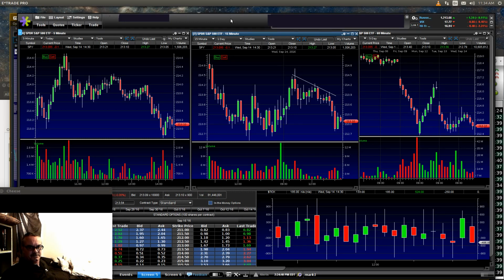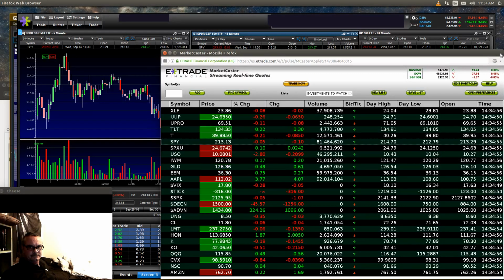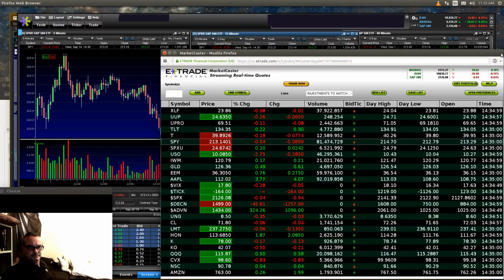And 15 minutes sure looks like it's building a pennant. That's a bearish formation. We got decliners slightly outpacing advancers on the New York Stock Exchange at 11:35 Pacific Standard.